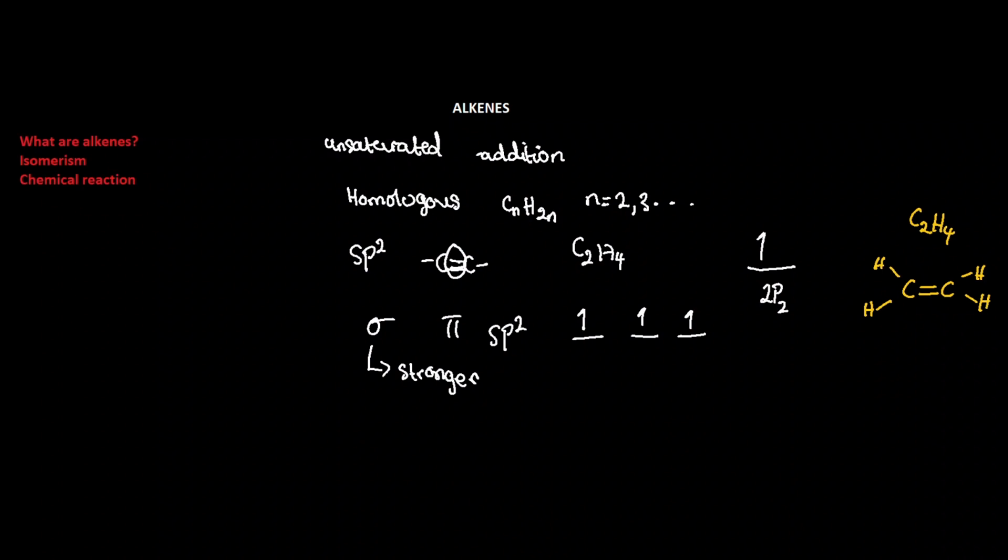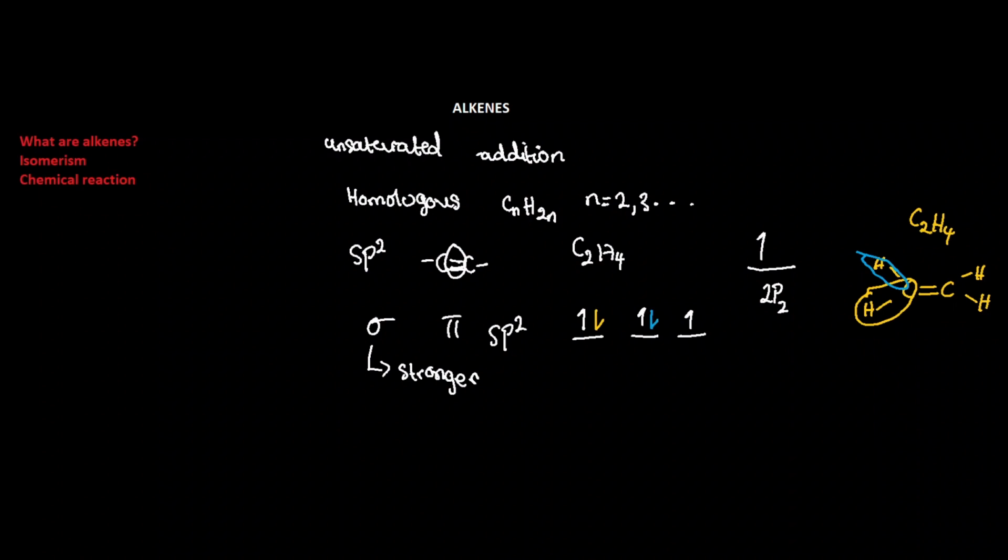Now, the carbon-hydrogen bond that exists here is a sigma bond, and 1 electron from the carbon binds with 1 electron from hydrogen and it forms a sigma bond. The bond that exists here is also a sigma bond. 1 electron from hydrogen binds with 1 electron from carbon and it forms the sigma bond.